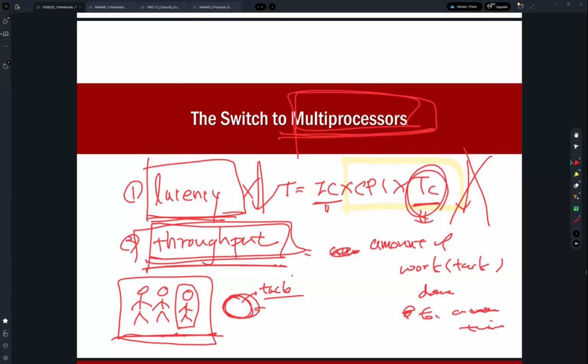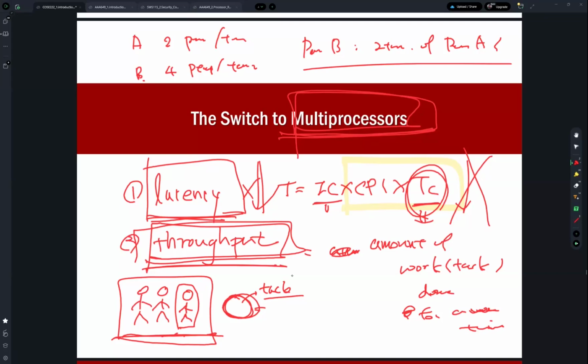For example, you are doing a team project, and you can build a team of 2 people per team, or a team of 4 people per team. How about the performance of team A and team B? If we compare, is the performance of team B 2 times the performance of team A in real life?